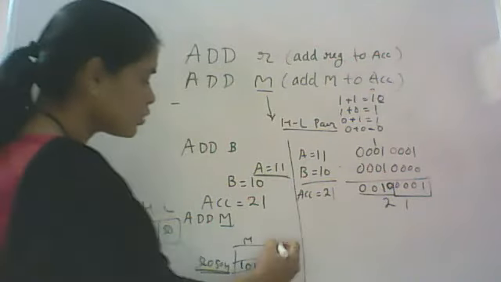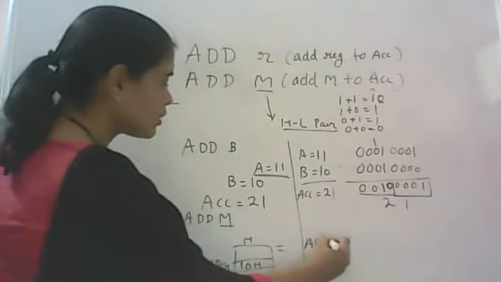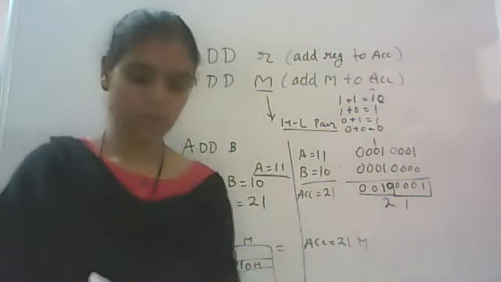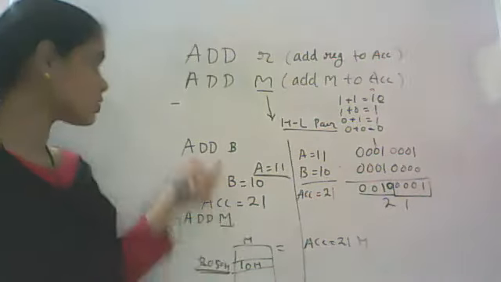So after execution, the accumulator contains 21 hex. Got it? That is how to solve the ADD instruction.